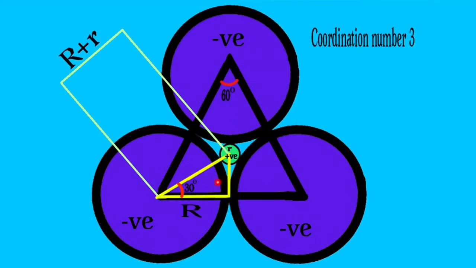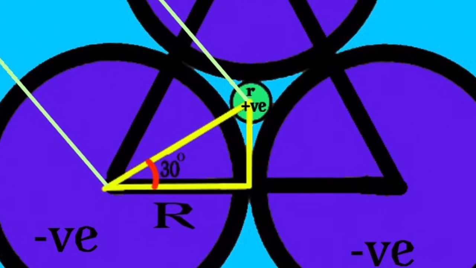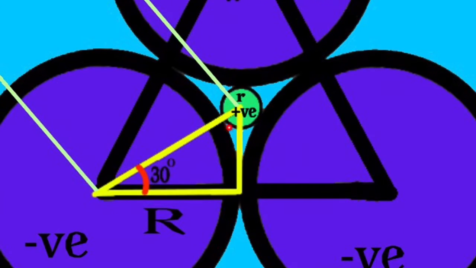Now, with respect to one anion and one cation, we are going to discuss the radius ratio rule. What do you observe over here?